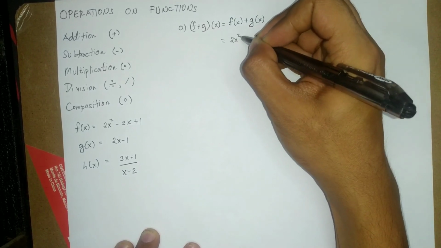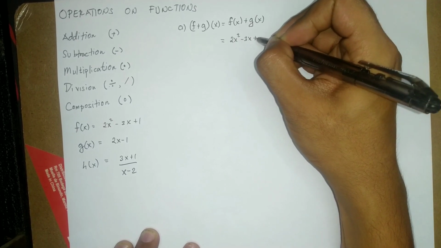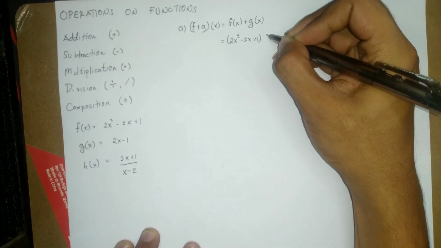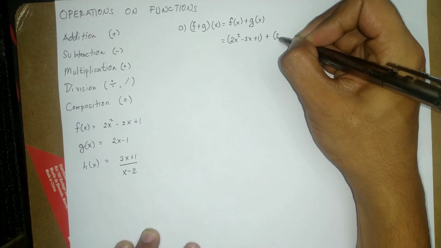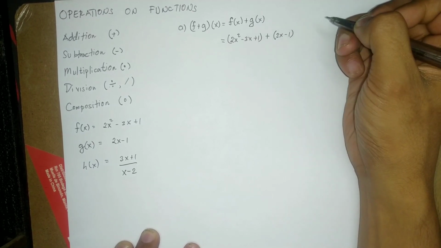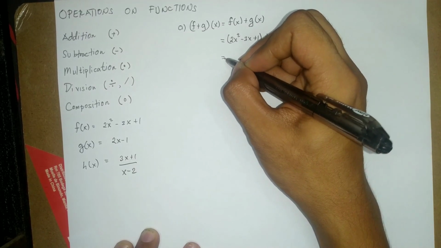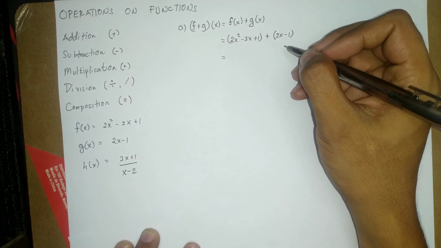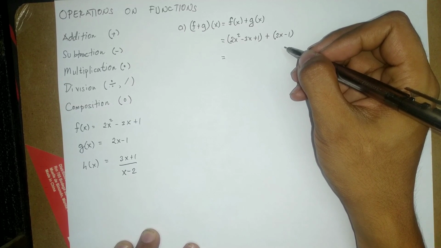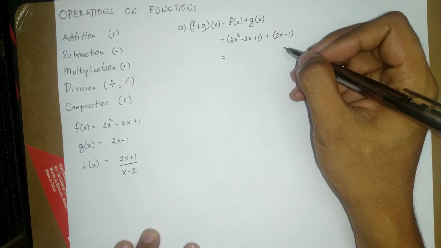You get 2x squared minus 3x plus 1 plus 2x minus 1. Just like with adding polynomials, we are to combine similar terms.